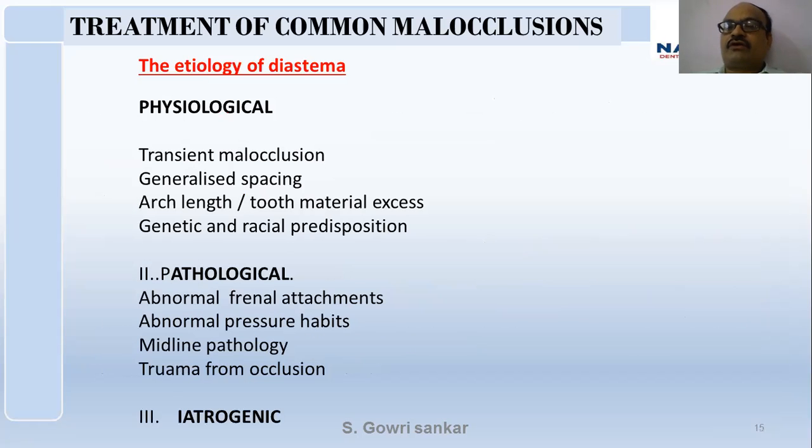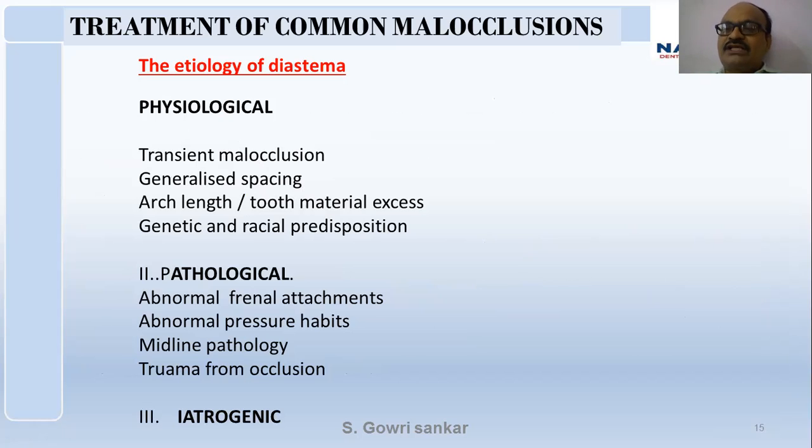So what are the different causes of diastema? One is transient or temporary malocclusions, where during the primary dentition stage we see the broadbent phenomenon, which we have discussed. And of course, they are seen as a part of generalized spacing. We derive our dentition from the father and the skeleton, or the base on which the dentition rests, from the mother.